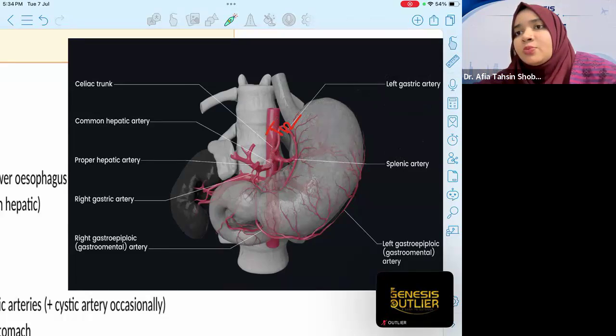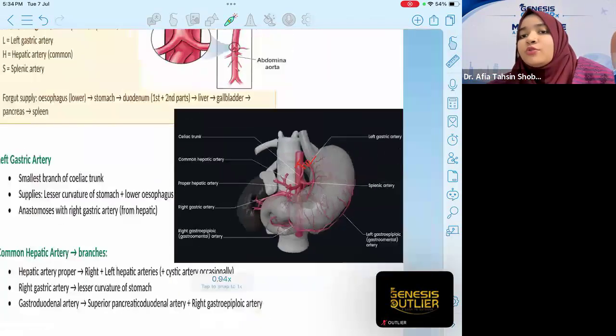You will get hepatic artery proper later. Be careful, sometimes we make mistakes here. So it is common hepatic artery, left gastric artery, and splenic artery. These three are the main branches of celiac trunk.